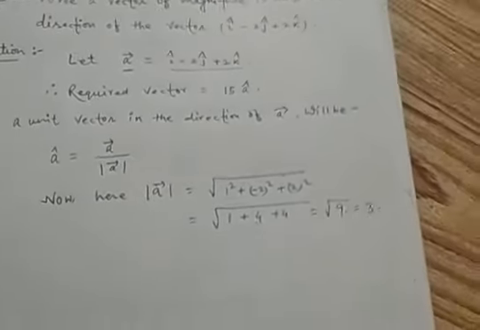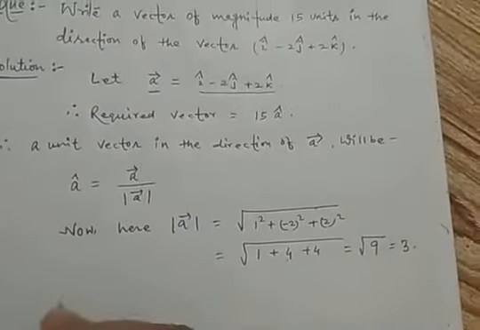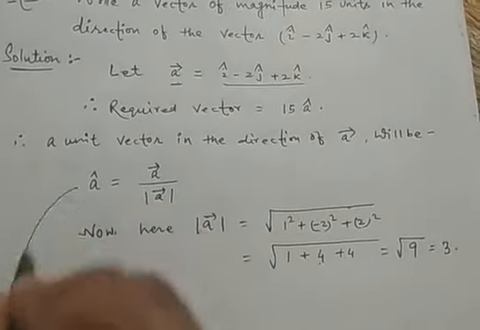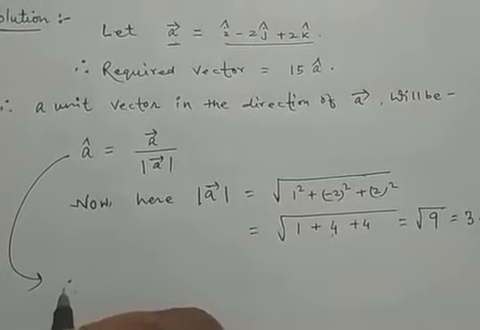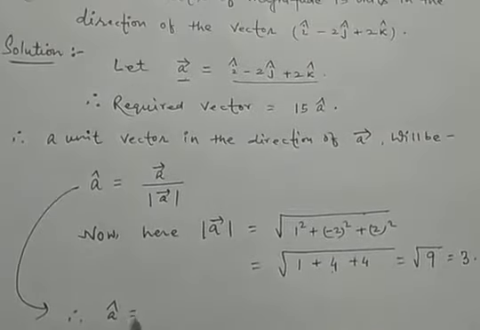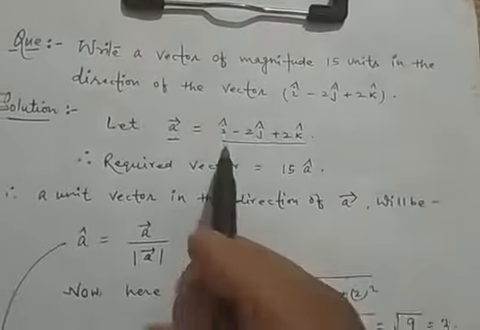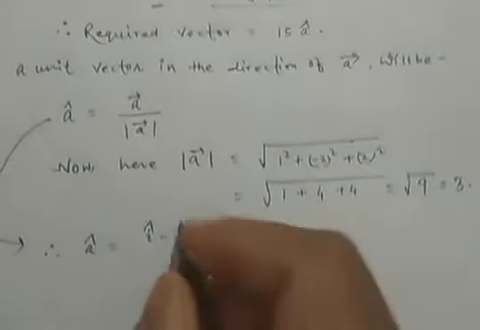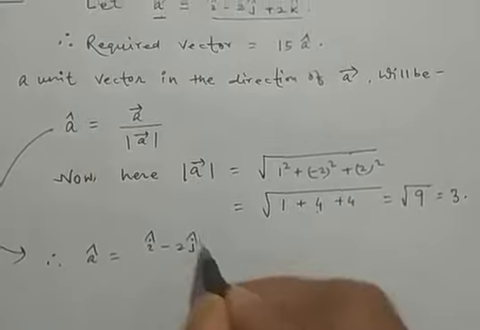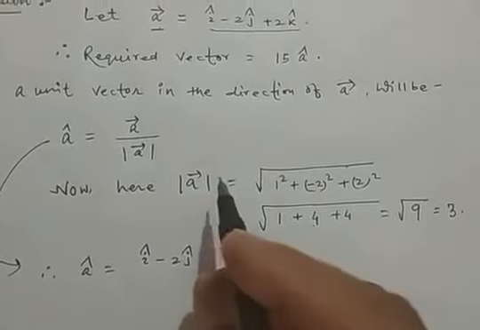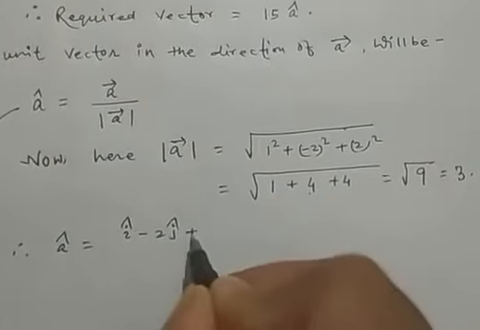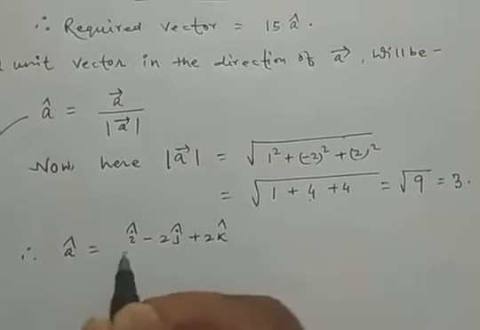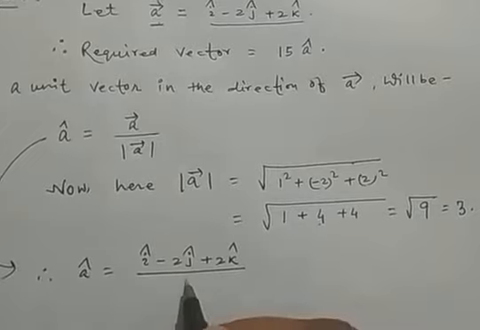Okay, now therefore from here A cap equal to vector A, from here vector A equal to i cap minus 2j cap plus 2k cap upon 3.